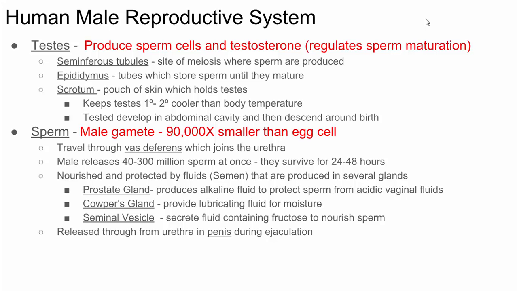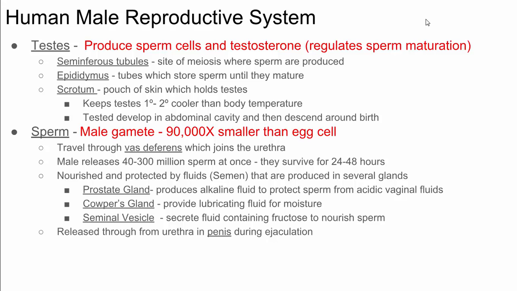At one time, a male could release 40 to 300 million sperm cells. And they can survive for 24 to 48 hours. The sperm cells are surrounded by a fluid called semen that is made up of several different things.